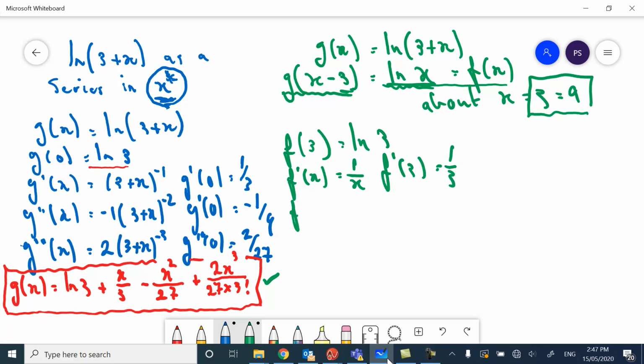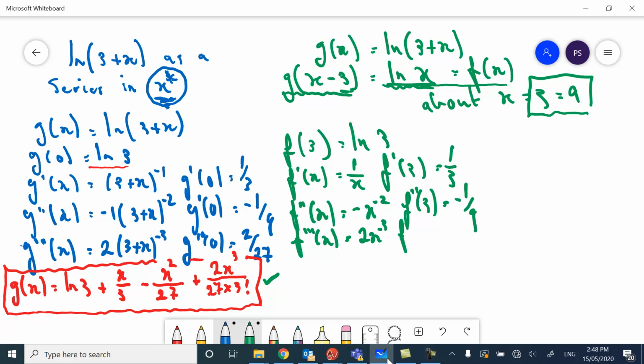The next one is f double dash x, which will equal minus x to the power of minus 2, so f double dash 3 will equal minus 1/9. And the triple dash, f triple dash x, will equal 2x to the minus 3, and f triple dash 3 will give me 2 on 27, exactly like what we got.